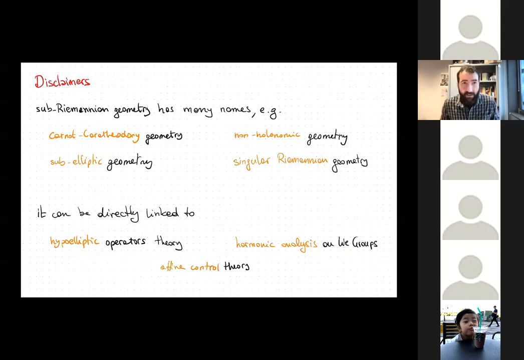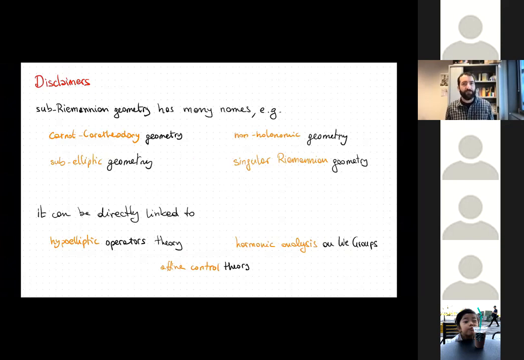So let's move on. Before I introduce Subriemannian geometry, I also need to give you a warning. You might know all of this already. So Subriemannian geometry is the name that I think was given by Strichartz to this field, but it is known in different ways to different communities.